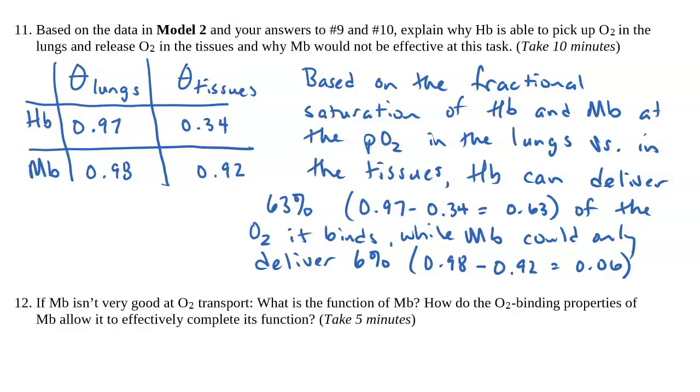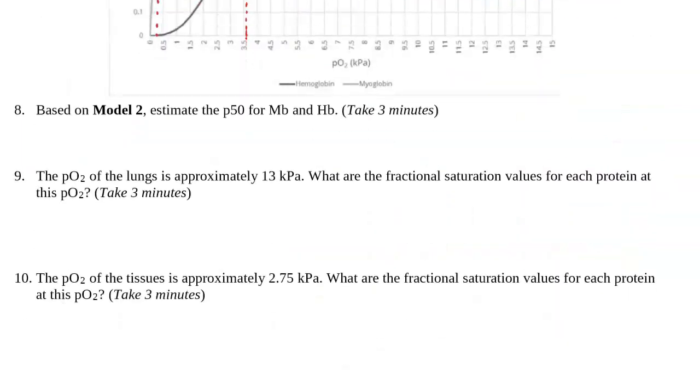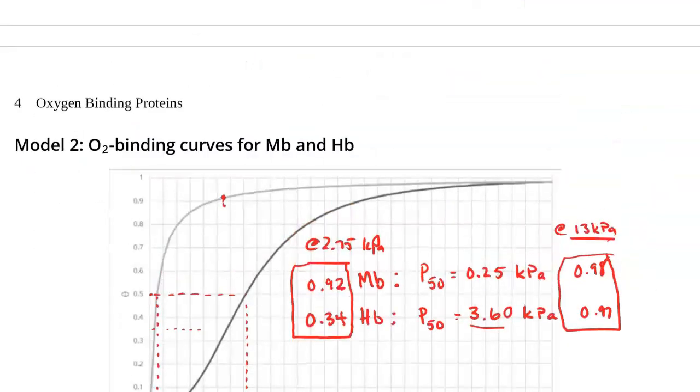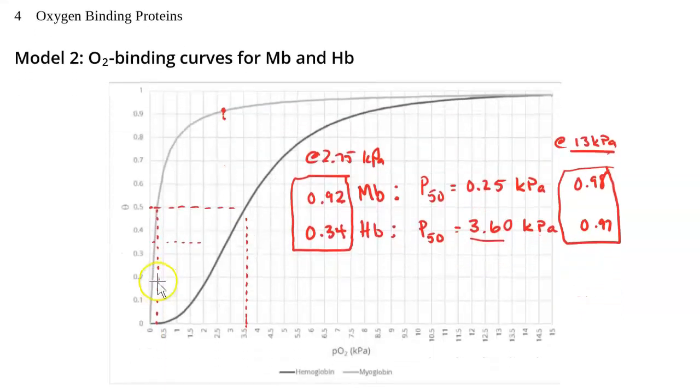So what do we learn from this? One thing that is a takeaway is binding oxygen more tightly does not necessarily make it better, right? Myoglobin is binding more tightly. If you look at its curve, it's much steeper, and so it binds much more tightly. Whereas the hemoglobin curve is much shallower, has a much larger P50 and binds more loosely.